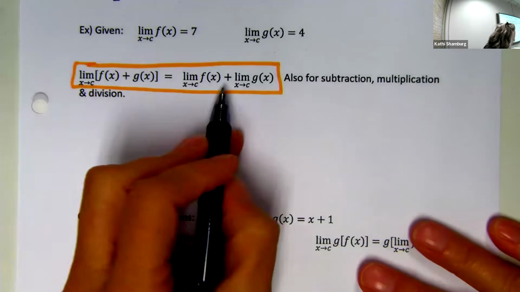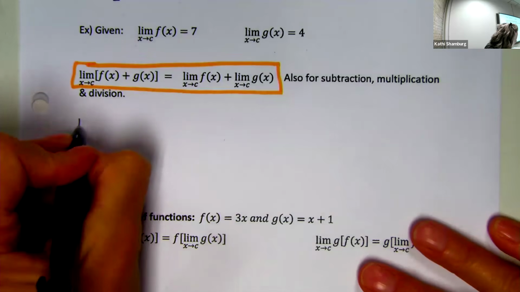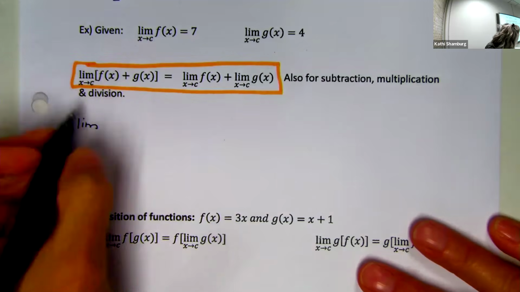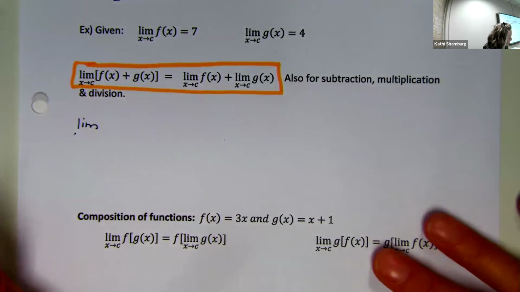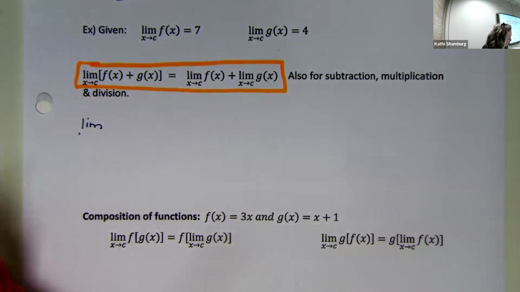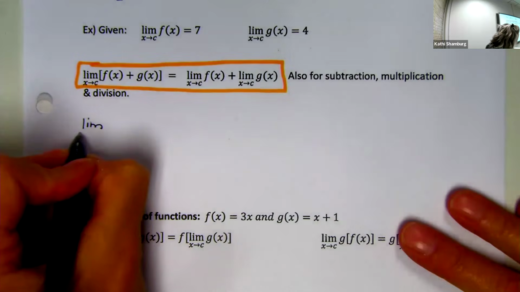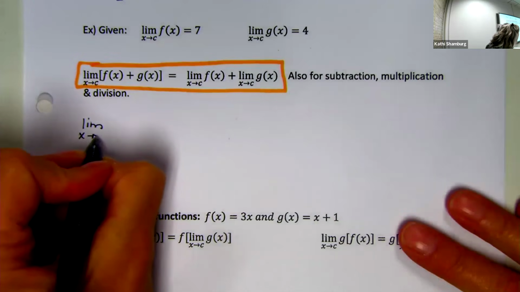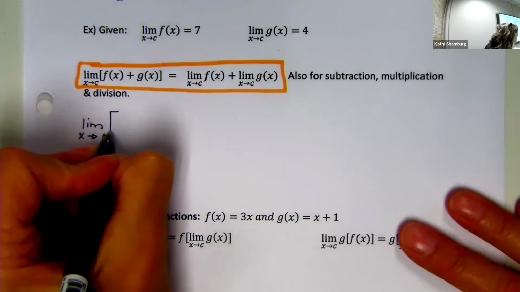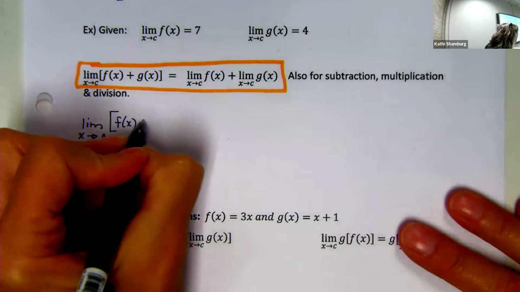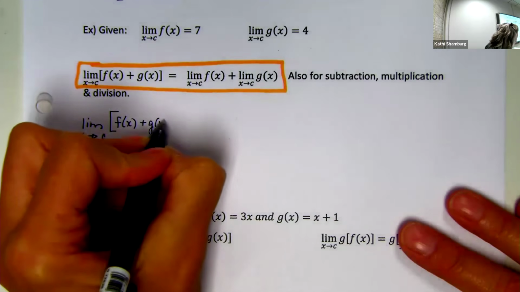So what this represents is, I'll write it this way: the limit as x approaches c of f at x plus g at x.